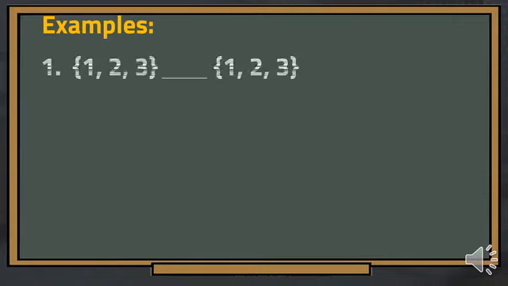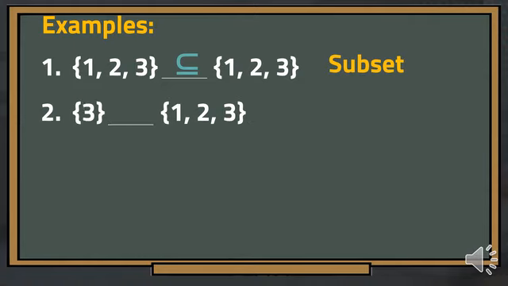Alright, let's have some examples. Number 1, what symbol is needed to complete this? The set containing 1, 2, 3 is blank to the set containing 1, 2, 3 elements. Okay, very good. Since they are equal, we can say that this is a subset.